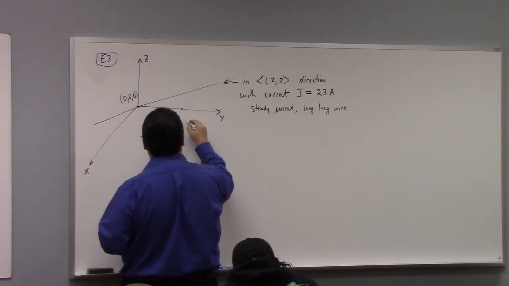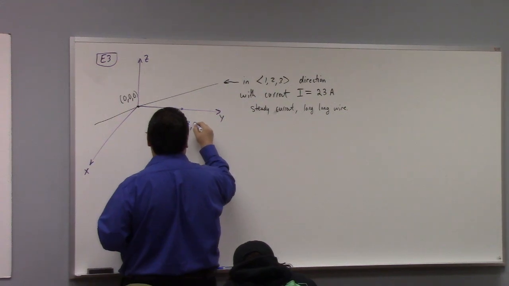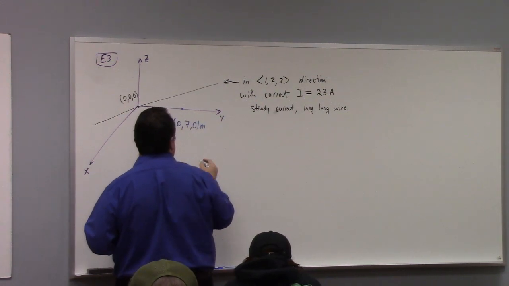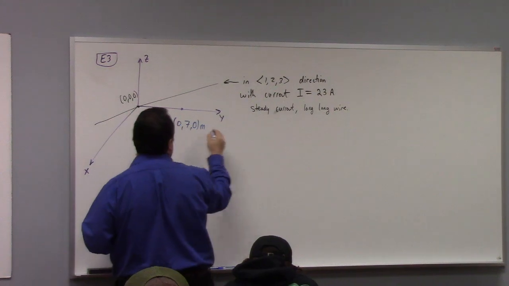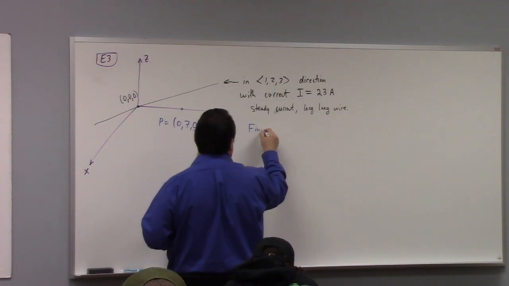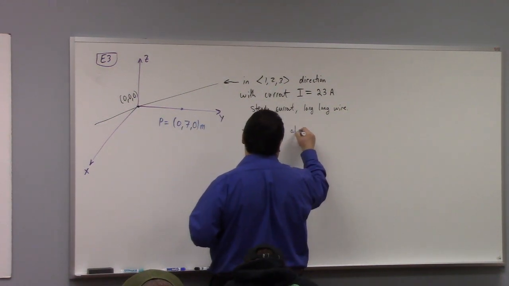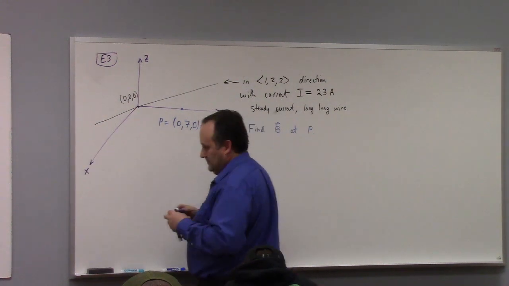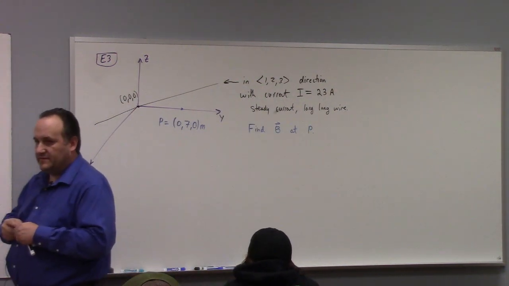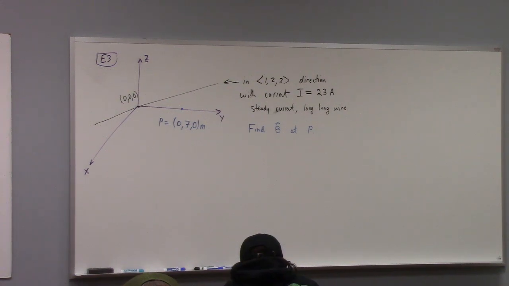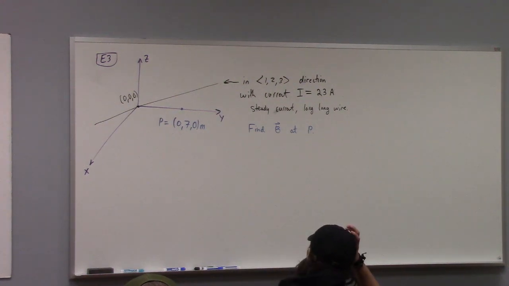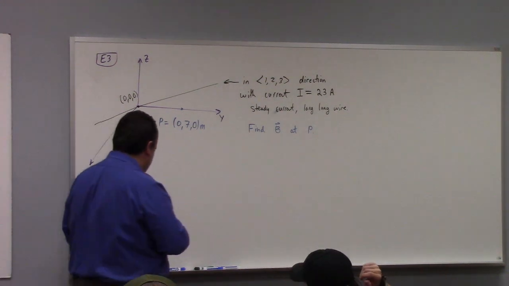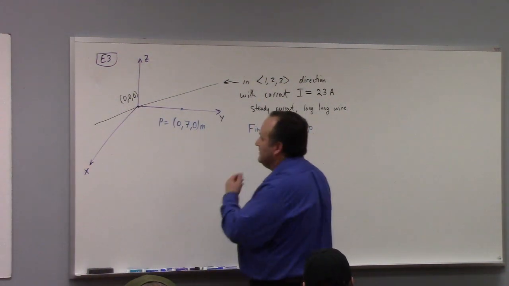We'll call that P. Find the magnetic field at P. I won't ask you for the standard angle this time because it's a three-dimensional vector. Although I'm probably not going to use the cross product here. I don't know, man.